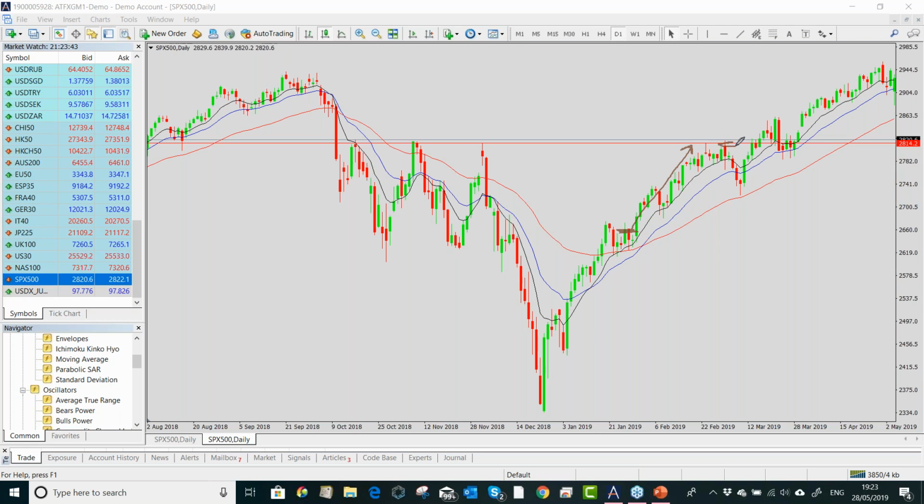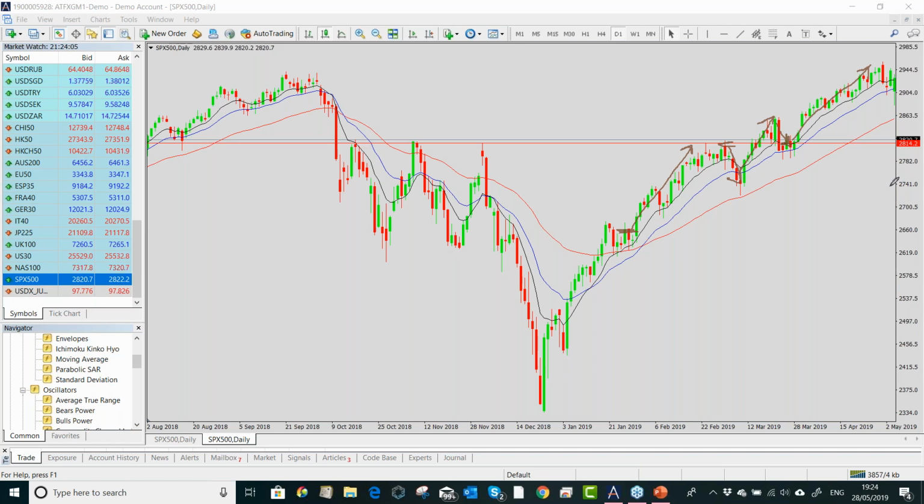Whereas if we were to sell here, we only have a little bit of profit. Buy here, lots of profit, not so much profit. Buy here, loads of profit.